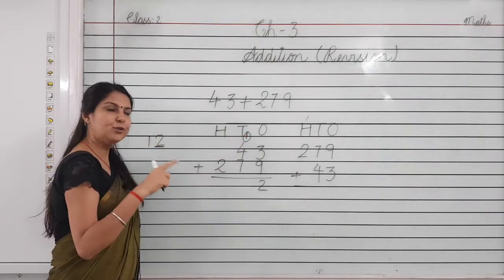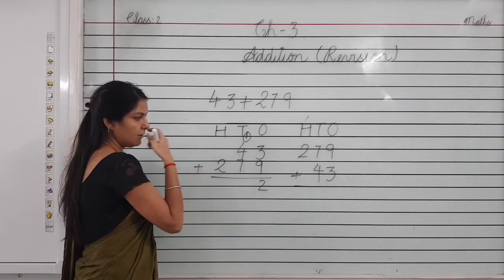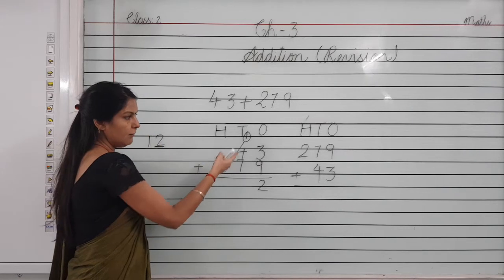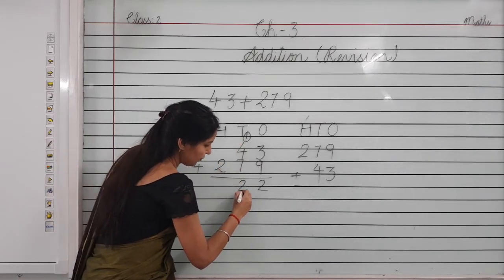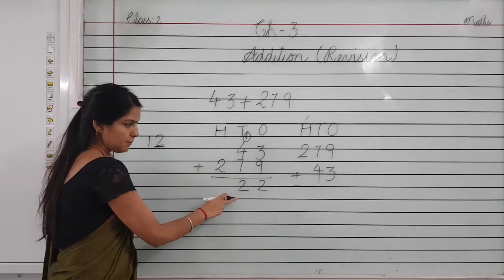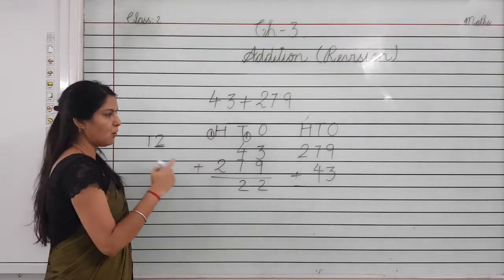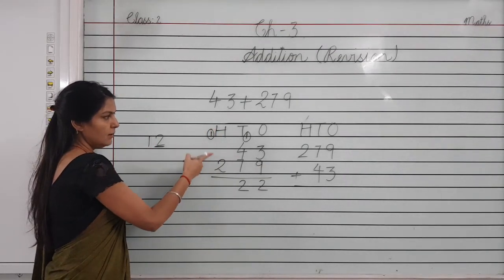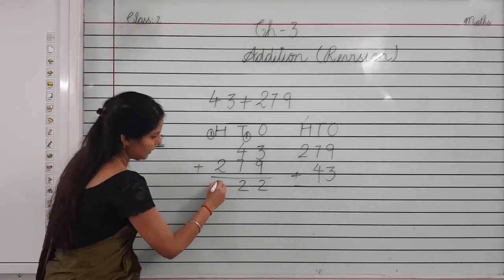Because now we are going to add the tens place digits. Now 4 plus 7 will be 11 and 11 plus 1 will be 12. Again we got 12, so we will write 2 of 12 under tens place and we will carry over 1 at the hundreds place, because now we will add hundreds place digit. Now 2 plus 1 will be 3.